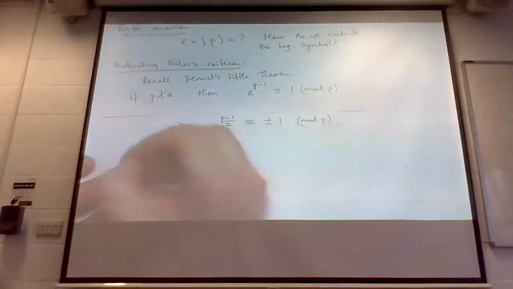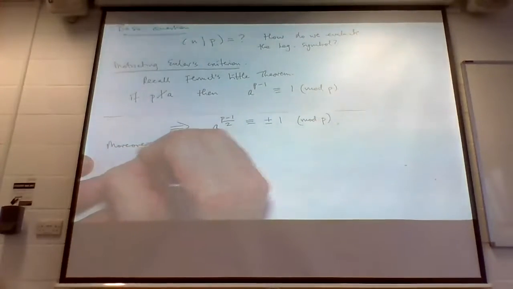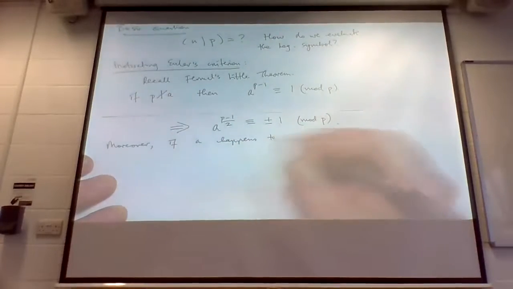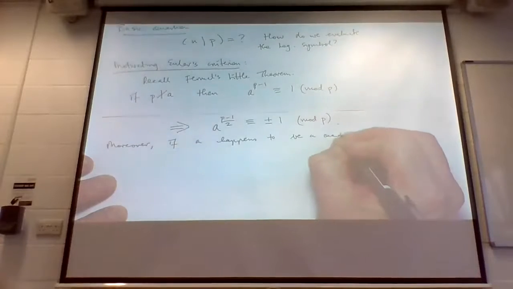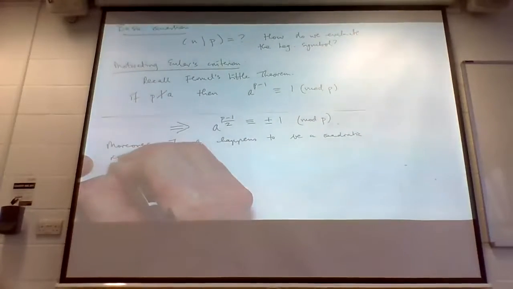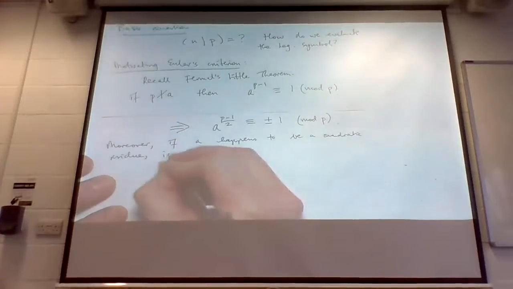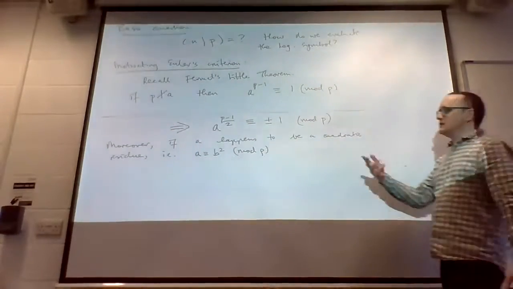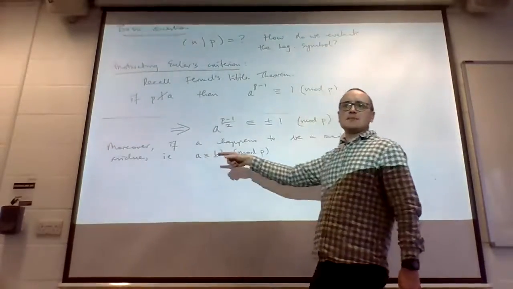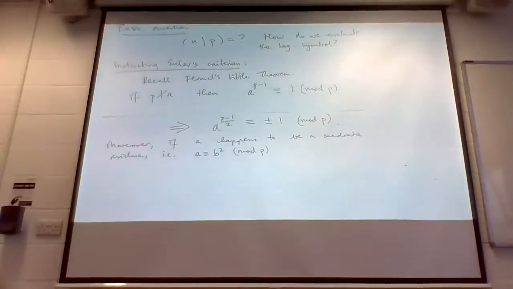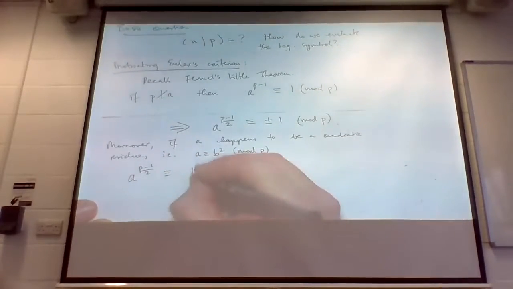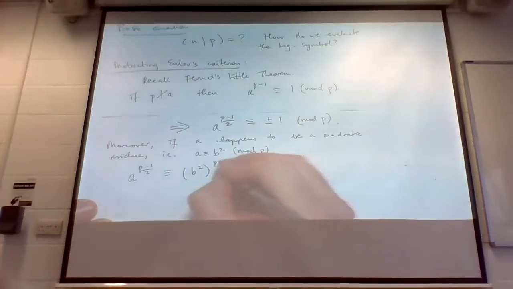Moreover, if a happens to be a quadratic residue, i.e., if a is congruent to, let's say, b squared. Remember, if a is a quadratic residue, it means it's the square of something. So if a is already a quadratic residue, then when you do a to the power of (p minus 1) over 2, what you're doing is b squared to the power of (p minus 1) over 2.